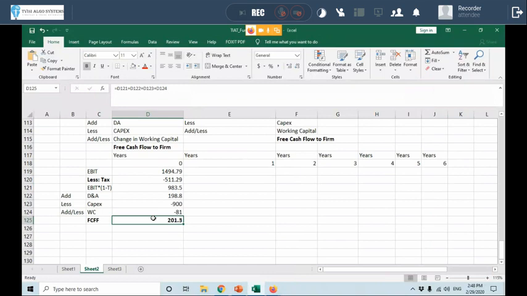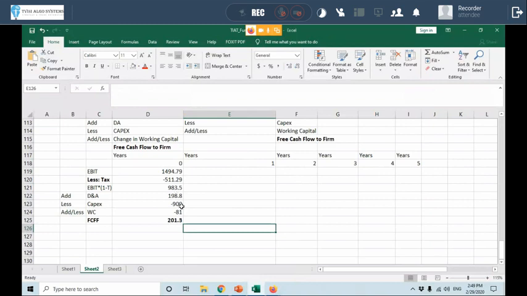Now, what I will do is that I will do projections for the company for the next 10 years, 5 years, 15 years, whatever is available. But normally we do in a range of 5 to 10 years. Right now I am just doing it for say 5 years. Based on my model, based on my understanding, I will assume a certain growth rate.